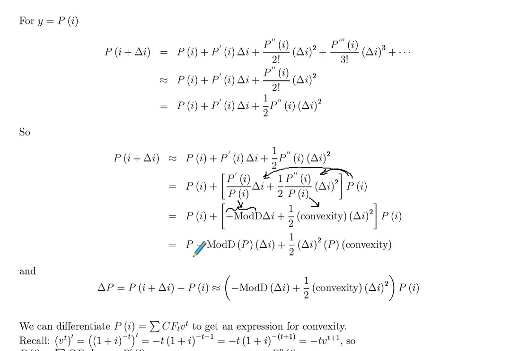So our new approximation here is going to be p, and then this is the approximation that we did previously. We added negative modified duration times the price times the change in interest rate.